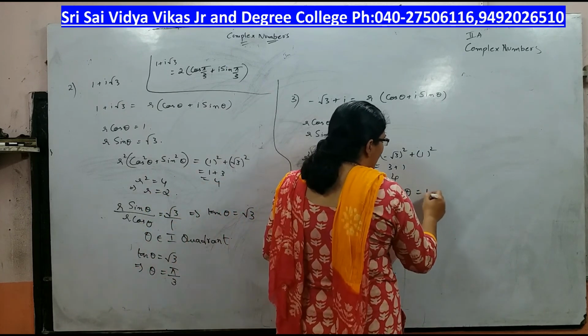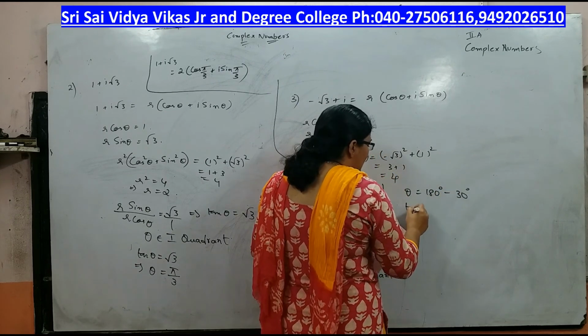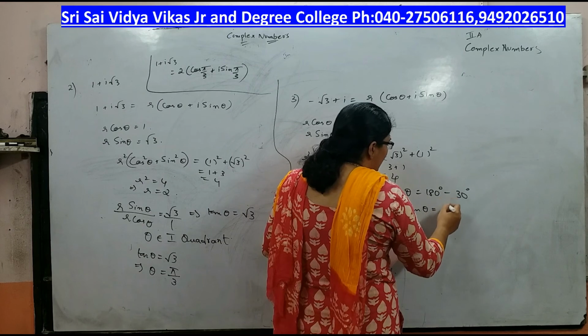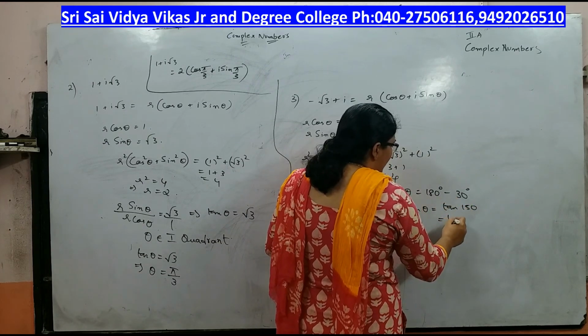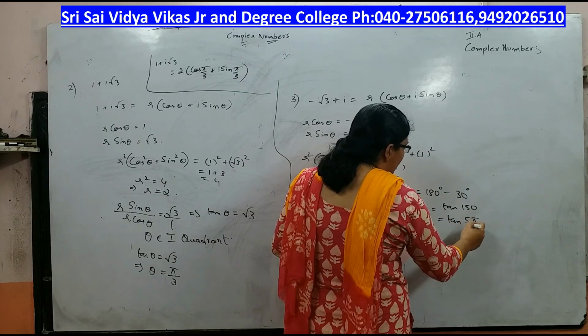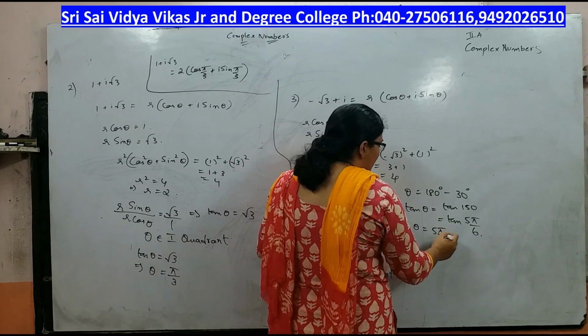Theta is equal to 180 minus 30, which is 150, and 150 degrees can be written as 5 pi by 6. So theta is equal to 5 pi by 6.